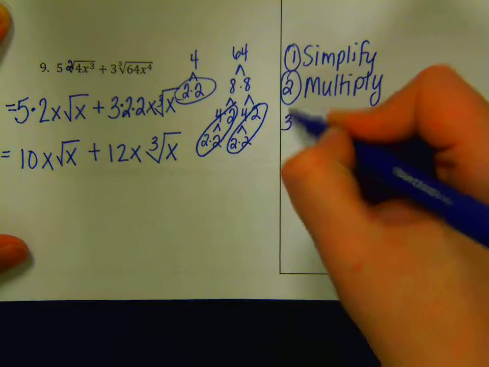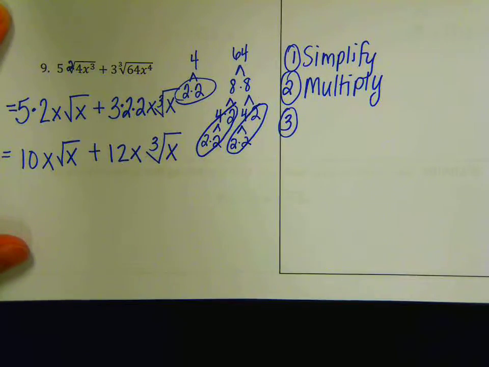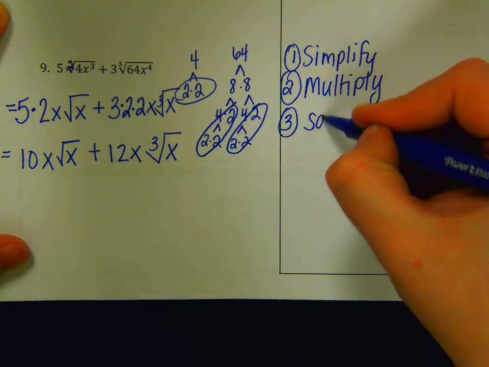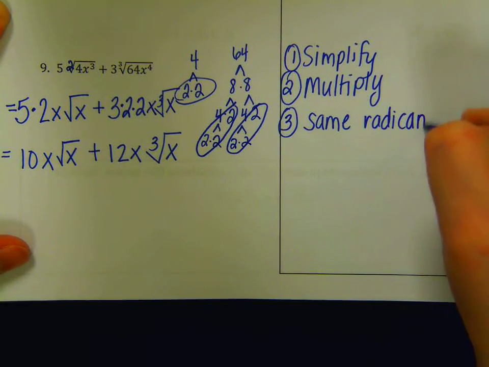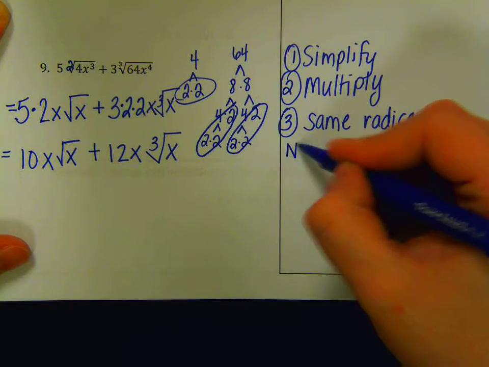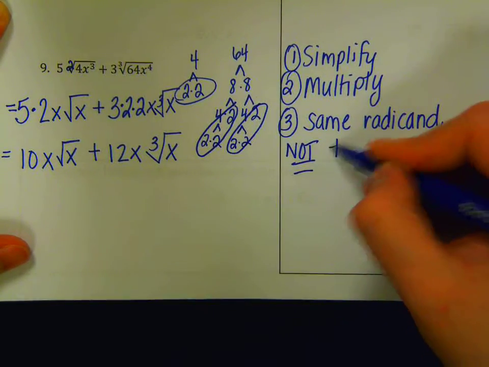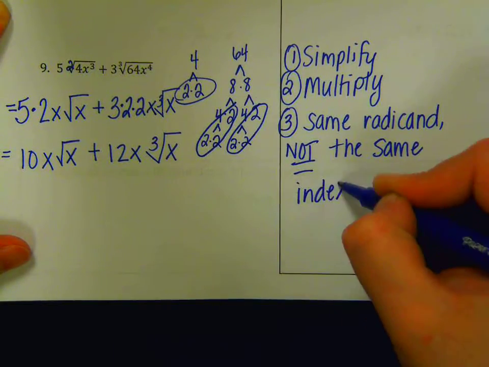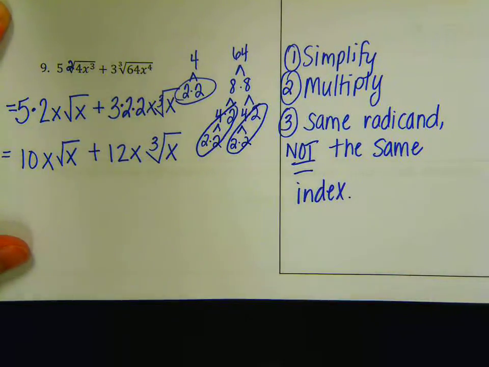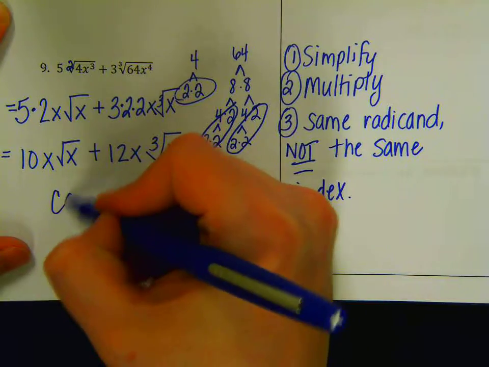Okay, step 3. Well, we have the same radicand, but not the same index. So I can't do anything else. That can't be simplified further.